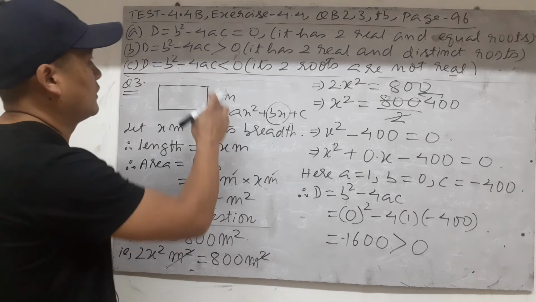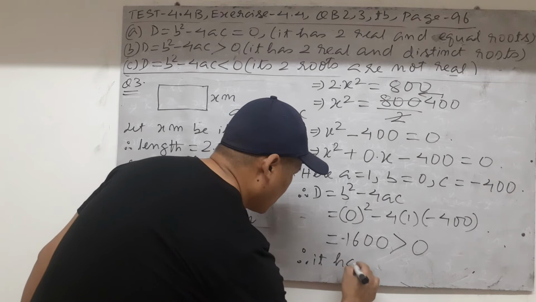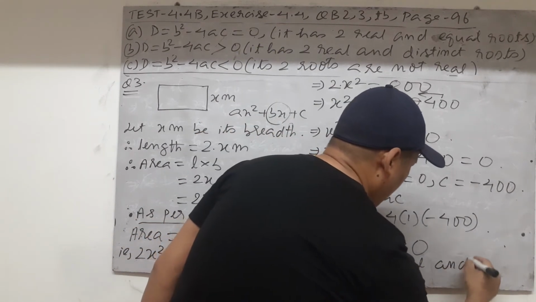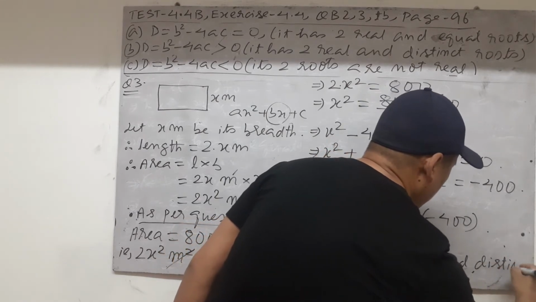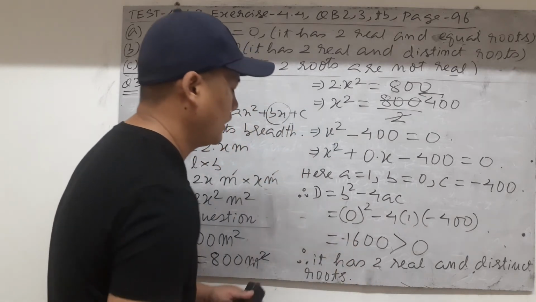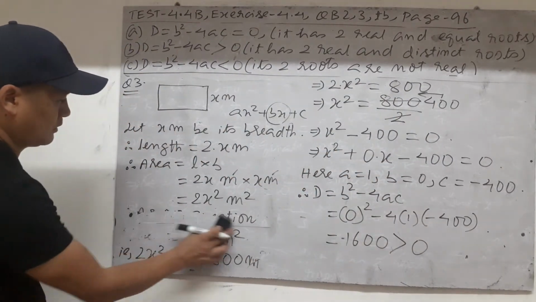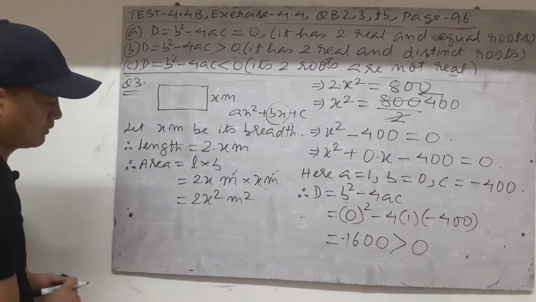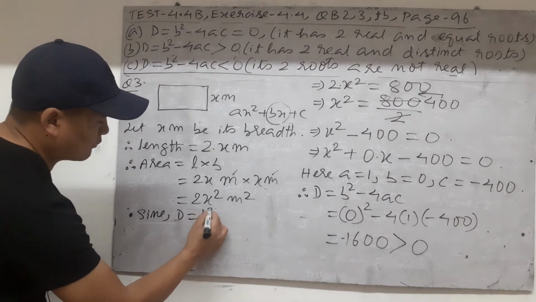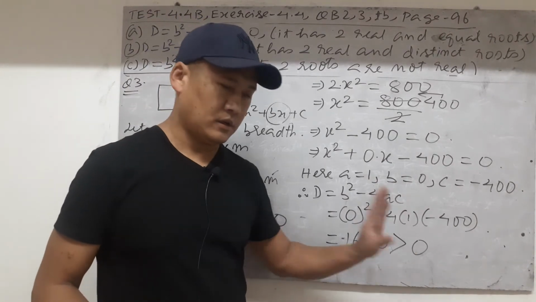Therefore, if it is greater than 0, it has two real and distinct roots. Before that, you can write it in a more precise manner. Since just now we found out D equal to b square minus 4ac is greater than 0, therefore plus 1600 is greater than 0.